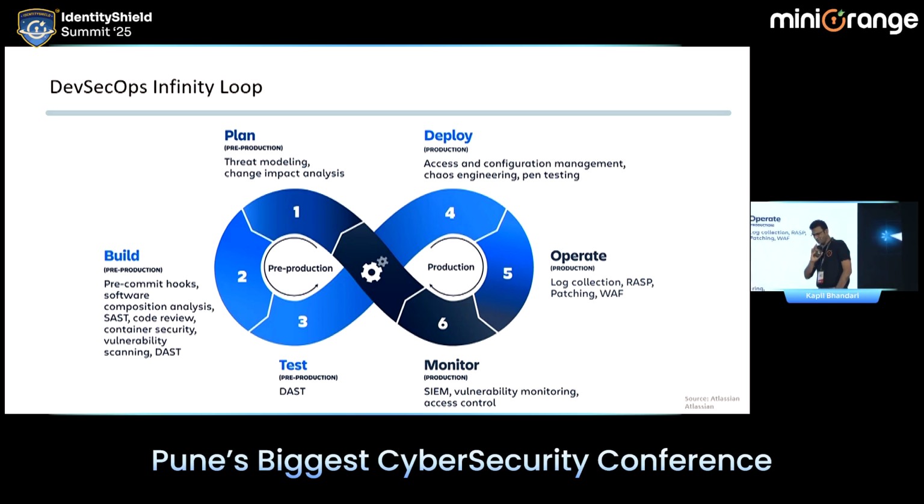So one aspect of DevSecOps is there are 3 teams involved: development, operation, and security. And it's a shared responsibility among these 3 teams. It's not just one team who is responsible for security. So developers are also responsible for writing the secure code. Operation team is also responsible that whatever is deployed is correct.